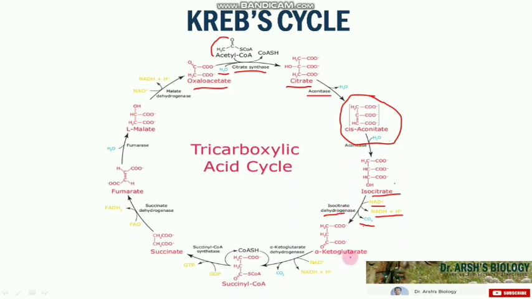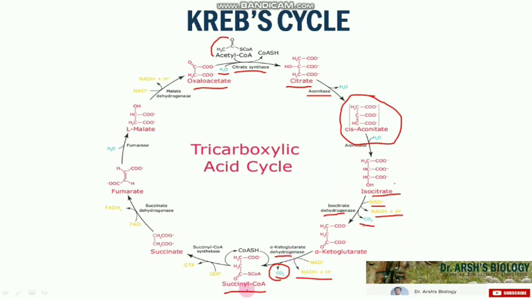The product formed is alpha ketoglutarate, where isocitrate dehydrogenase plays a role. Now the alpha ketoglutarate undergoes one more oxidative decarboxylation. As a result, NADH plus H plus is formed along with the release of one CO2 molecule. The product formed from this reaction is succinyl coenzyme A, catalyzed by the enzyme alpha ketoglutarate dehydrogenase.